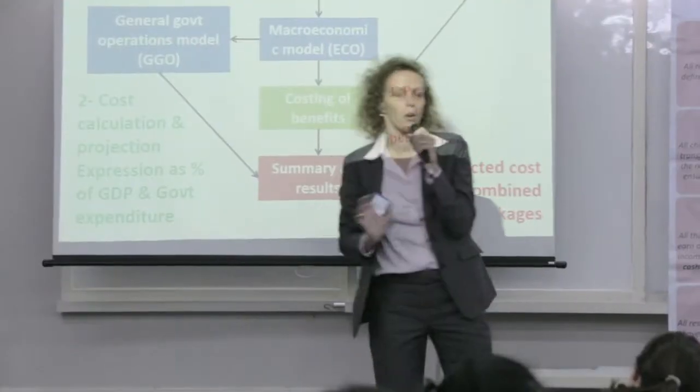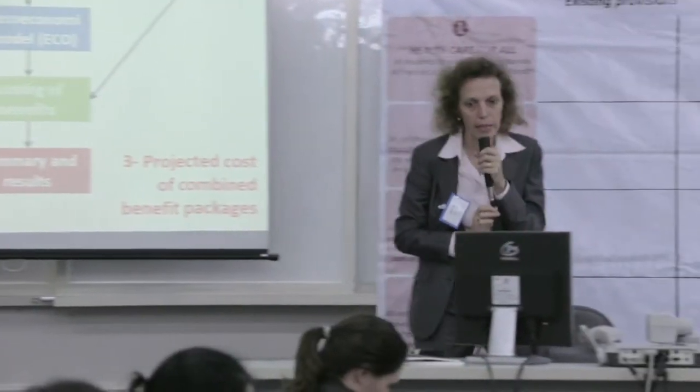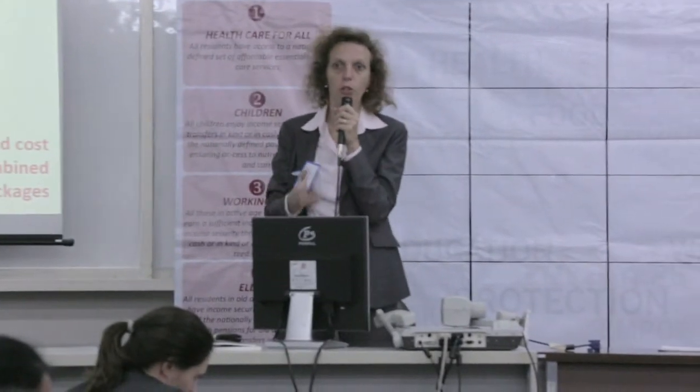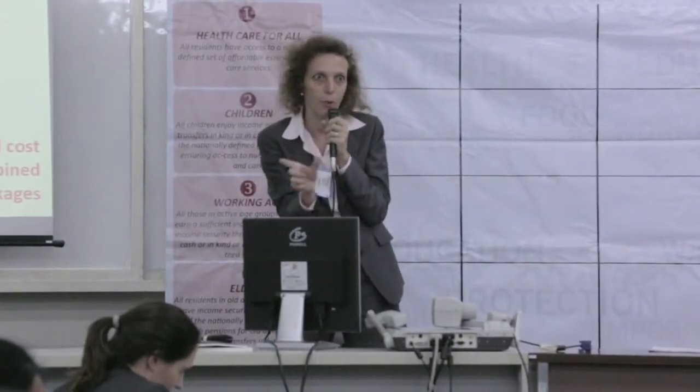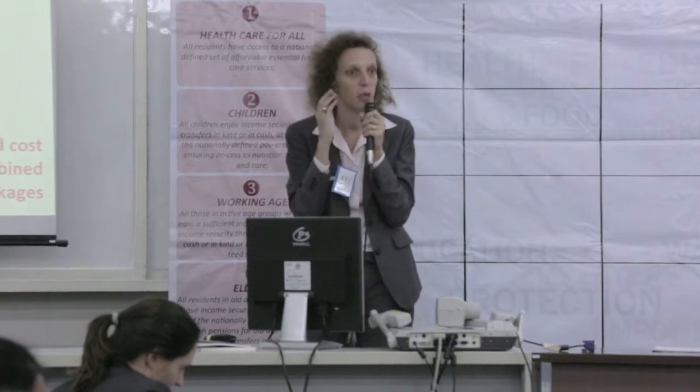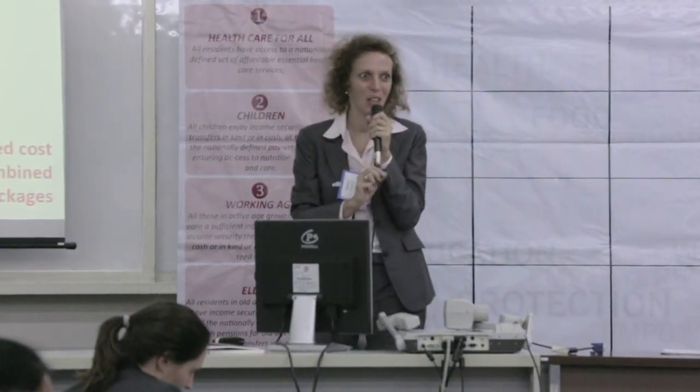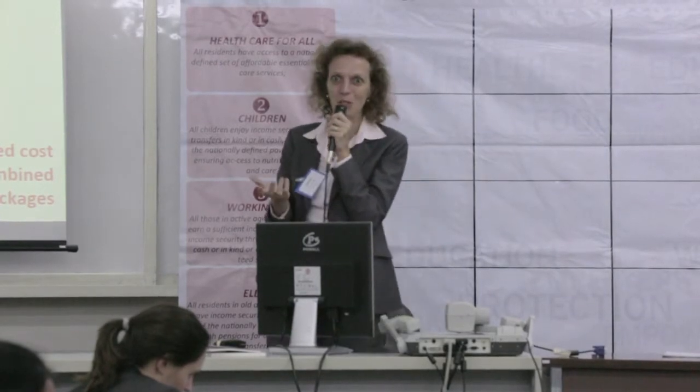So the data you have to input is on the population, not only the total number of people in your country, but the population by single age. And here starts the first complex issue, because in many countries you don't have it.